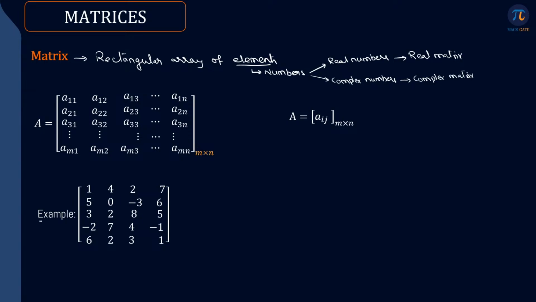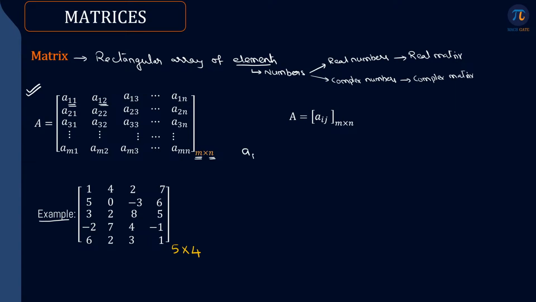Here I have given an example. If you observe, this particular matrix has 5 rows and 4 columns. So we call it a 5 by 4 matrix. This is called the order or size of the matrix. And this is the general notation for the matrix, where it has m rows and n columns. You see the double subscripts we use.